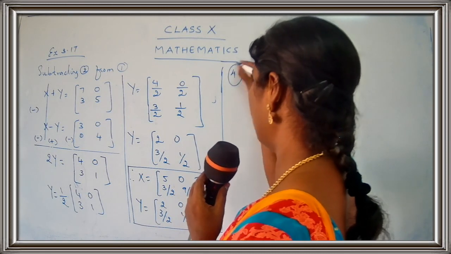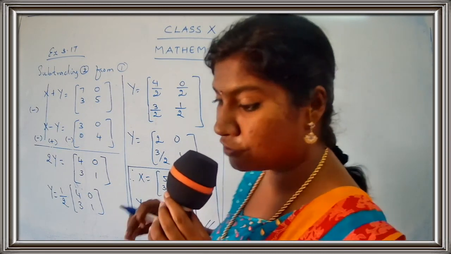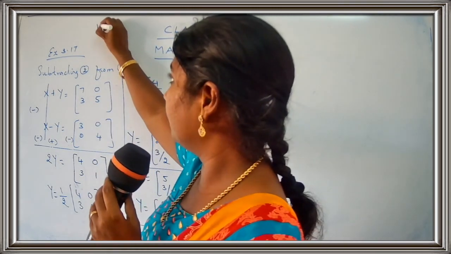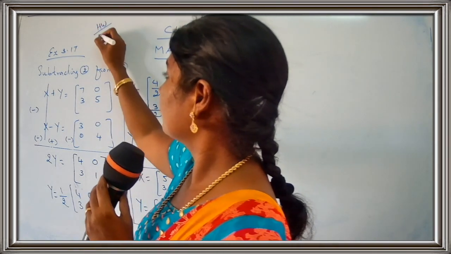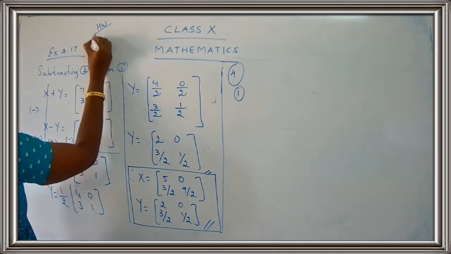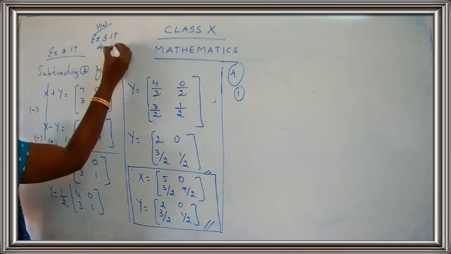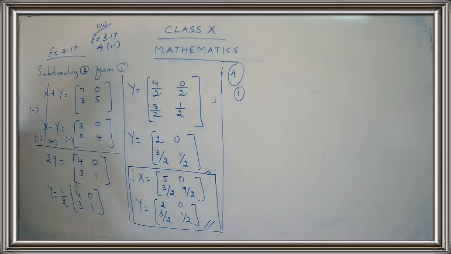Question number 4. I am going to do the first subpart and the second subpart will be homework, children. Homework, exercise 3.17, question number 4. Second subpart is your homework.